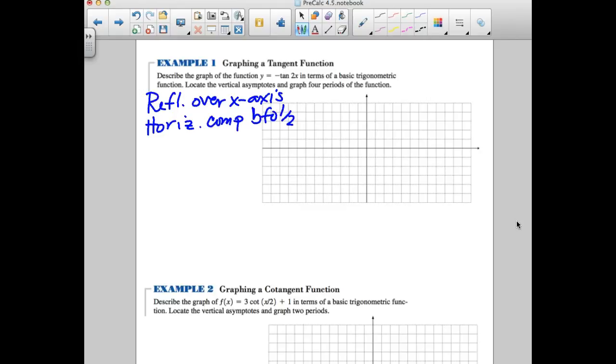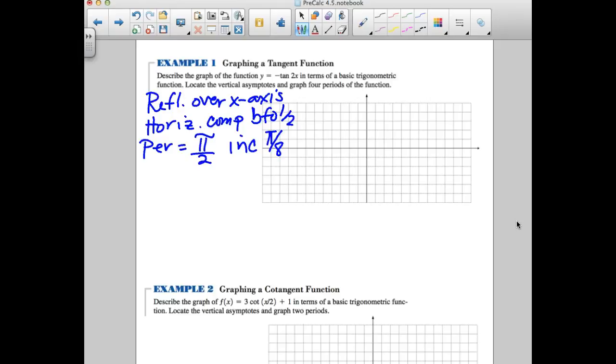So in terms of the period, normal period for tangent is pi. We have to divide by b to shrink this, so we're dividing by 2. Period now is pi over 2. Increments would be what? Pi over 8. Don't you love all the fractions?